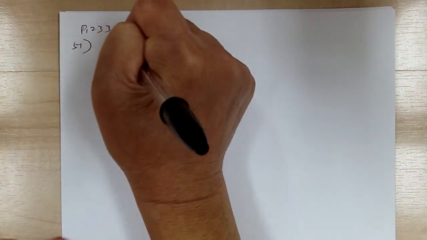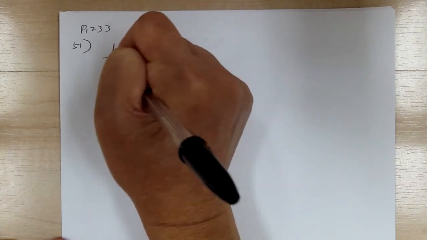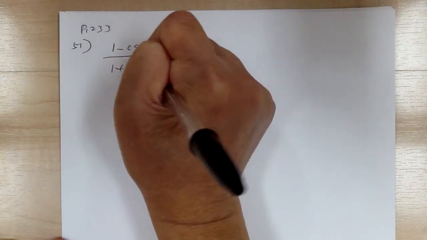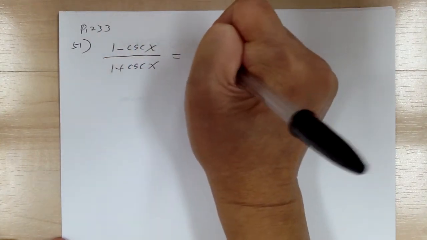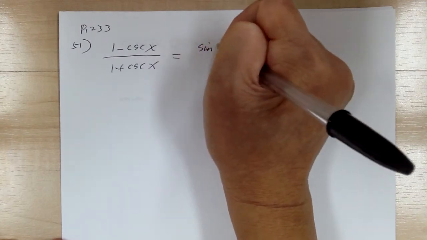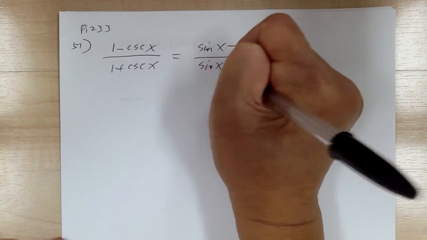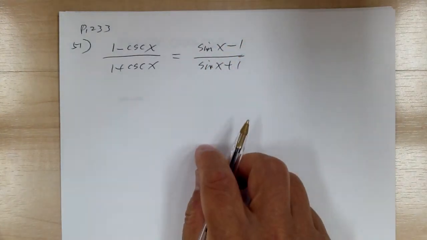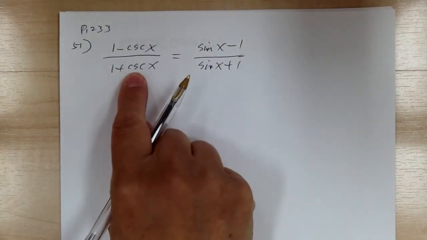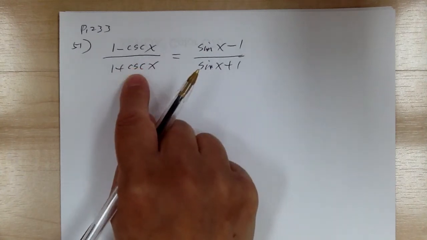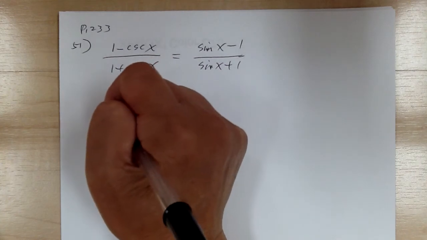You have (1 minus cosecant x) over (1 plus cosecant x), and this is equal to (sine x minus 1) over (sine x plus 1). Okay, they look very similar, but cosecant is harder than sine, so I'm going to do this part over here. Again, if you're not sure what to do, change everything to sine and cosine.